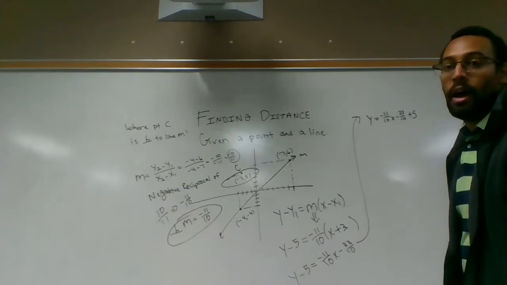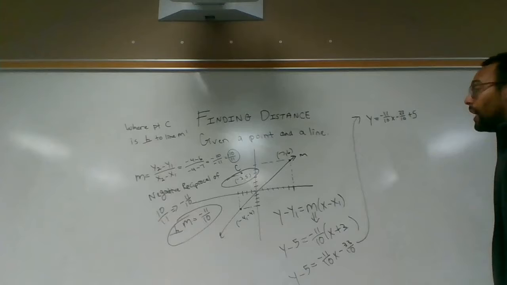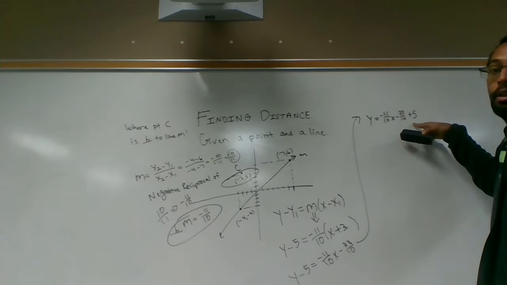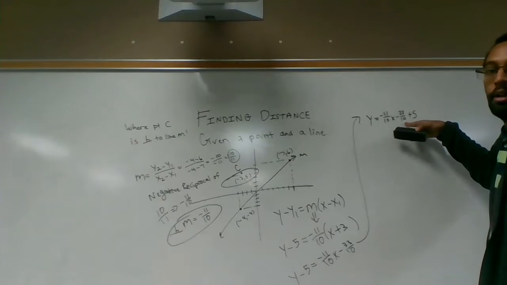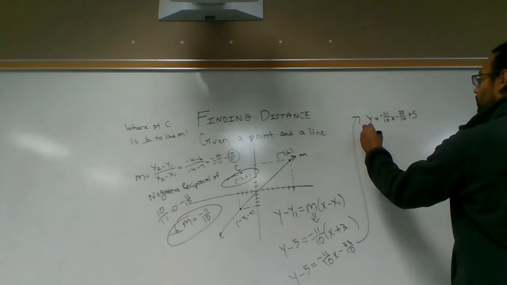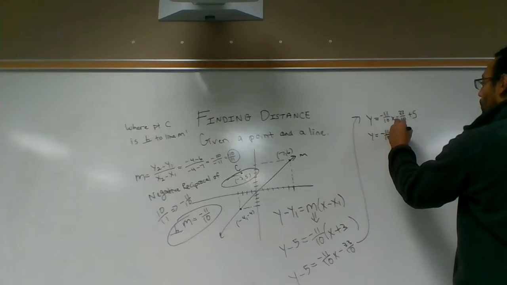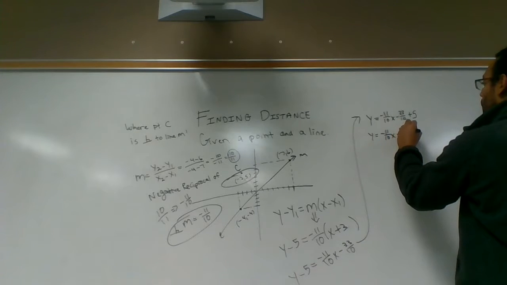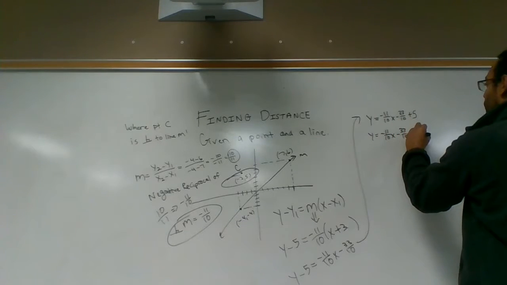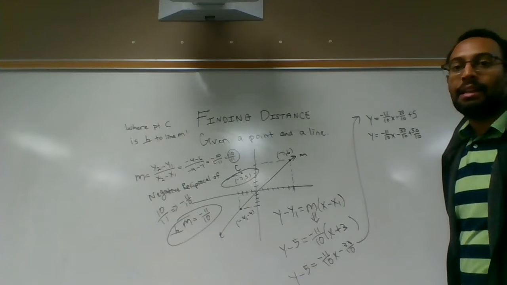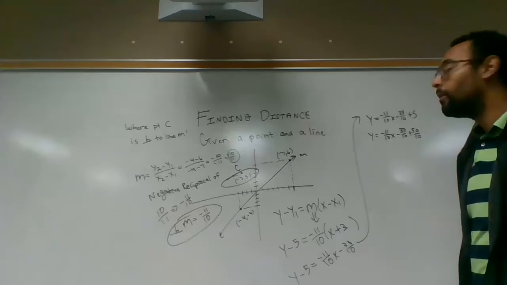All I did was add 5. I'm going to change this plus 5 to where the common denominator is 10. So y is negative 11 tenths x minus 33 tenths plus 50 tenths, because 50 divided by 10 is 5, so that's the same thing.